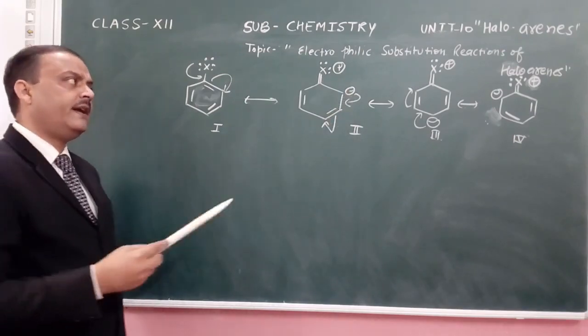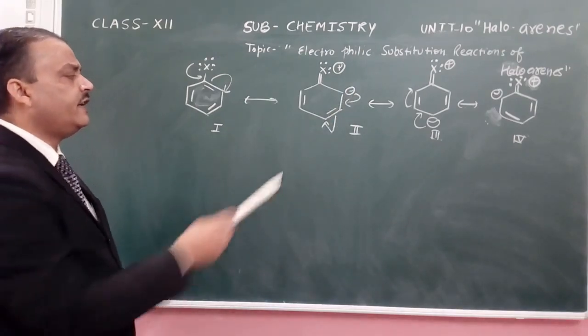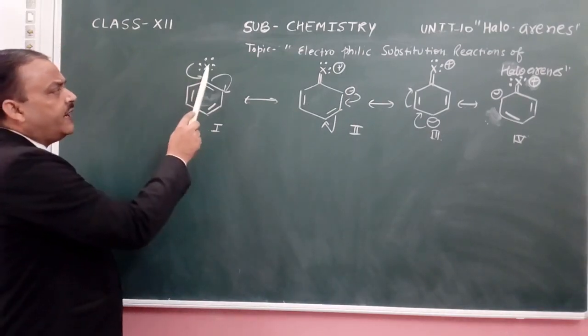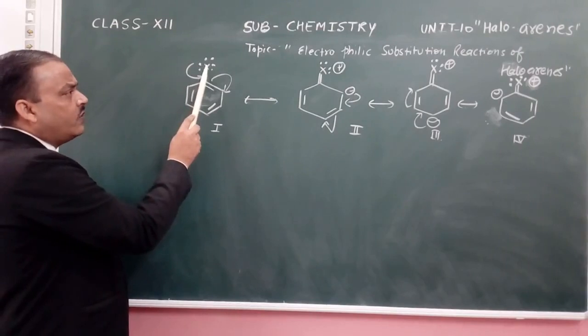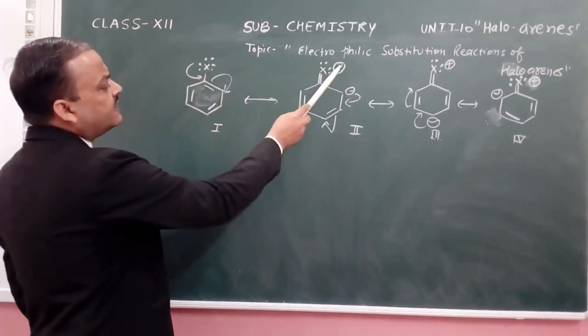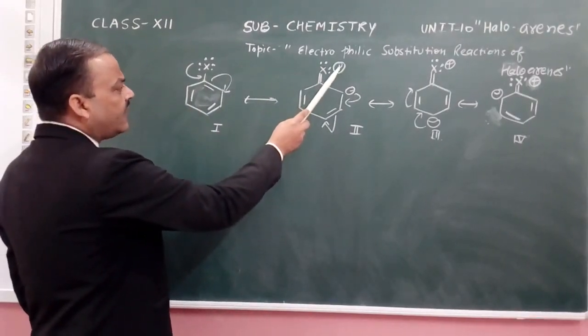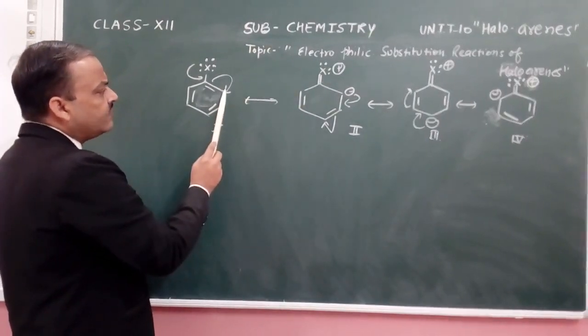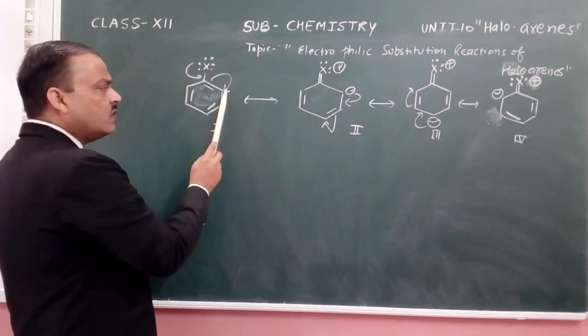Now this process will circulate generally in this particular ring. This atom is donating the lone pair of electrons, so a positive charge is present on that particular atom, and on this atom a negative charge is coming.